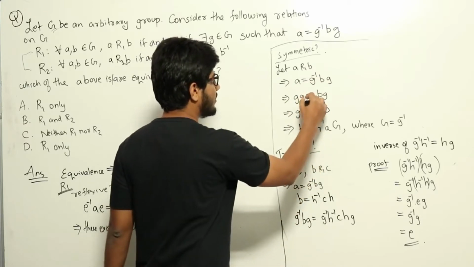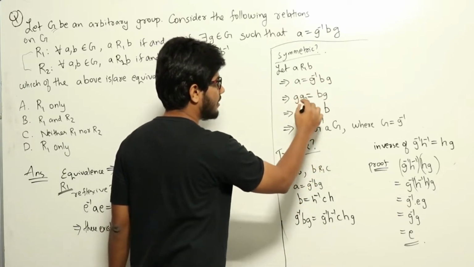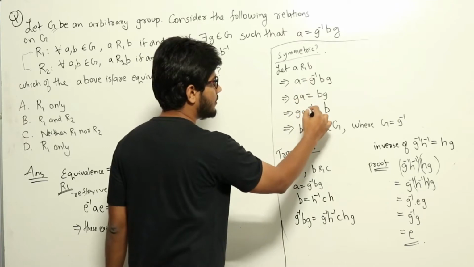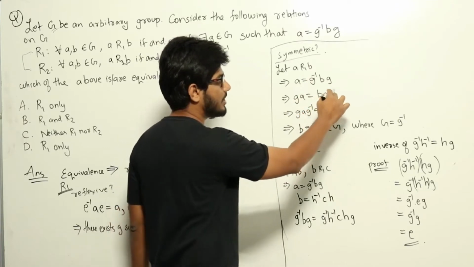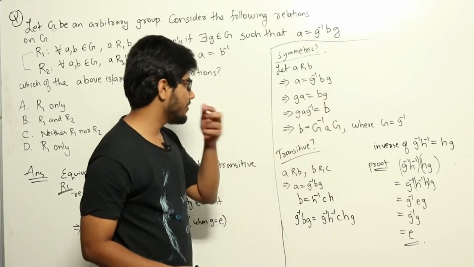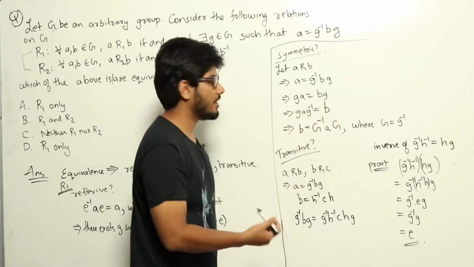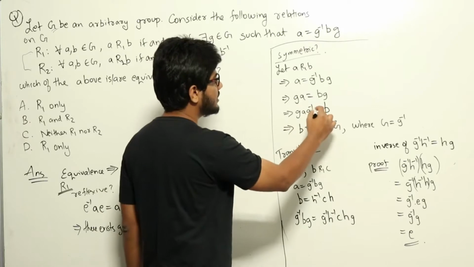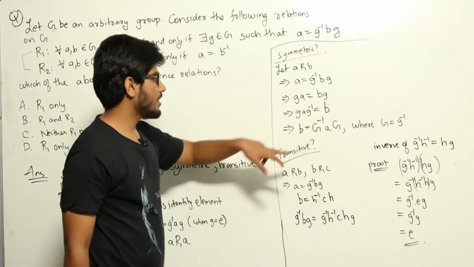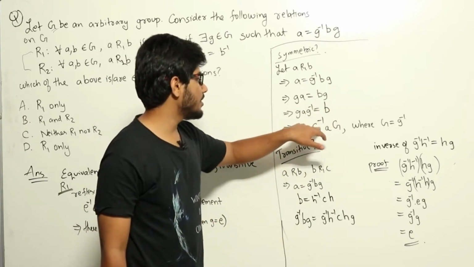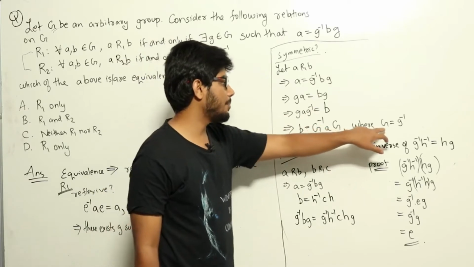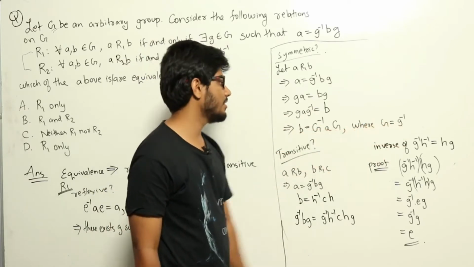Similarly, multiplying with g inverse on the right hand side, g into A into g inverse will be equal to B into g inverse. g into g inverse is again E, the identity element, that into B will be B only. So g into A into g inverse equals B, which we can rewrite as B equals G inverse into A into G, where capital G equals small g inverse.